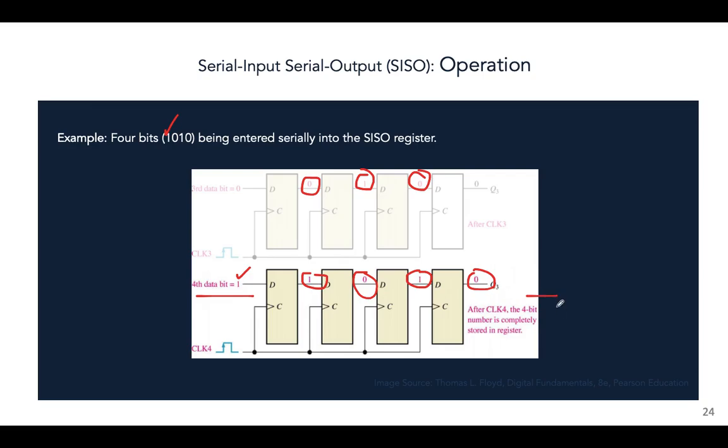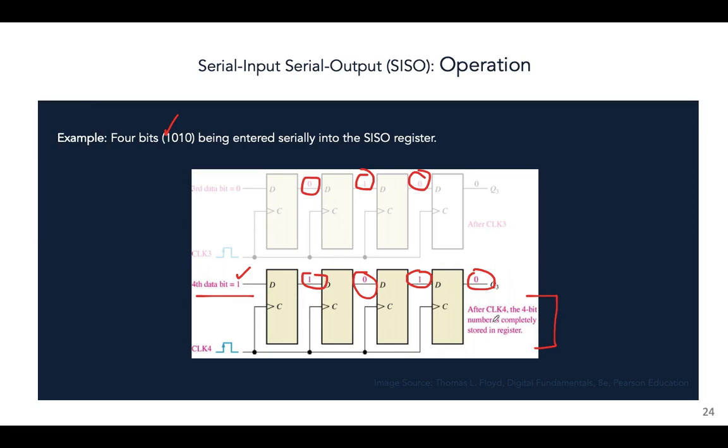So after the application of the fourth clock pulse, a 4-bit number is completely stored in the register. Now, if you were to take out this information from this register, it will come out in this form only, 0, 1, 0, 1. But right now, we're not taking it out.